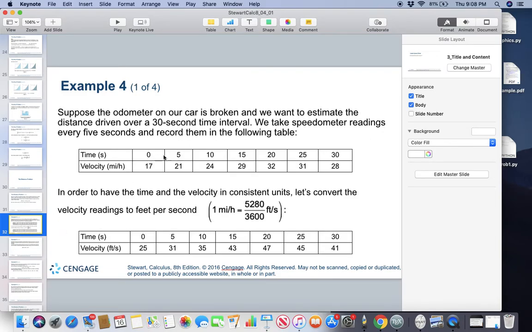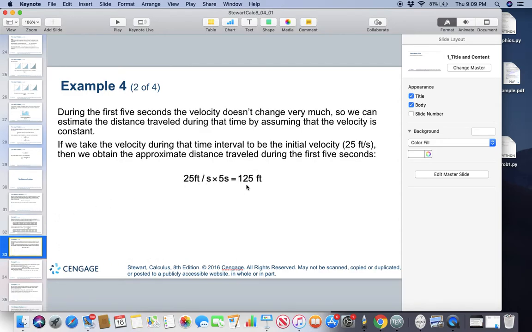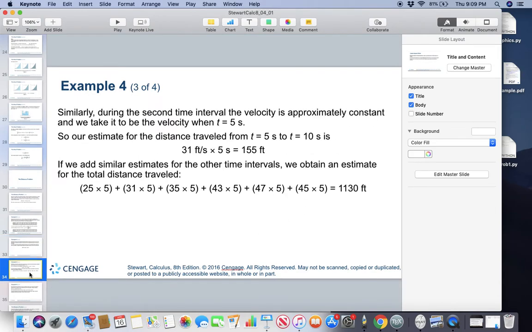So 0 to 5. Pretend you are at 25 and you change your speed at 5. That's what they are doing. So for the first 5 seconds, you're assuming your velocity is 25 feet per second. That is the distance traveled in the first 5 seconds.